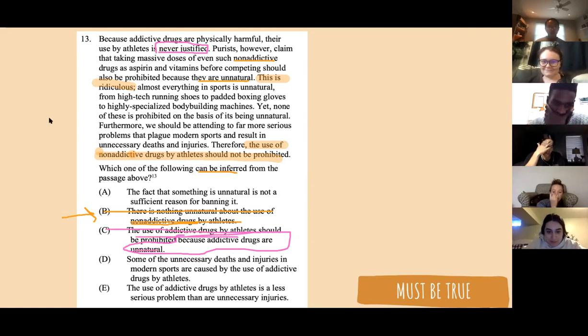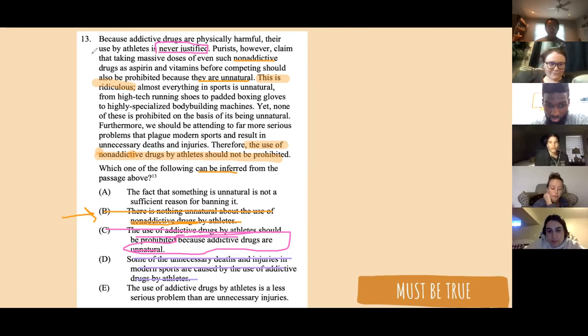I said that they're making the assumption that modern injuries and deaths are due to addictive drugs, and there's nothing in the stimulus that supports that. Yeah, maybe what plagues modern sports is dehydration or something. Who knows? It doesn't have to be because of addictive drugs. And then what about E?